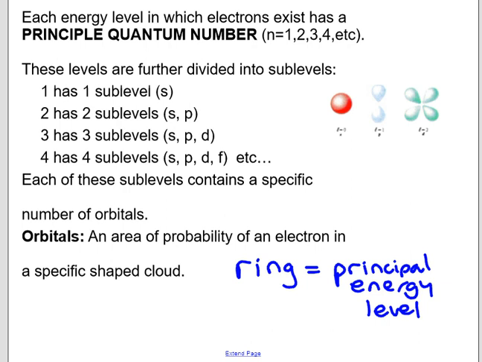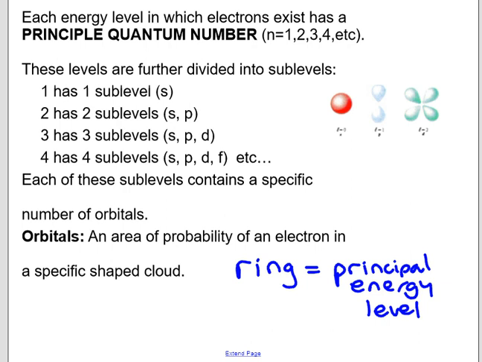Ring 1, which was period 1 on the periodic table, had 1 energy level. They decided to number it 1. Ring 2, elements found in ring 2, lithium, beryllium, boron all the way through neon, put their electrons into the second ring on their valence shell. We now call that principal energy level 2. We gave it a number, we called it 2.